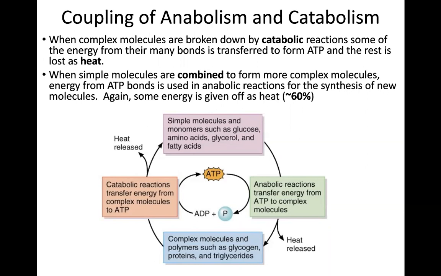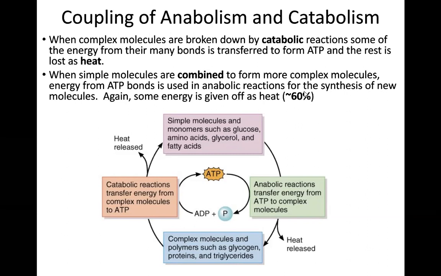The opposite of that takes place when simple molecules are combined, like those amino acids or the parts of a triglyceride, and we form those, which requires ATP. ATP that we just formed through the catabolic reactions. Again, same thing, energy is released in the form of heat, and it's about 60%.